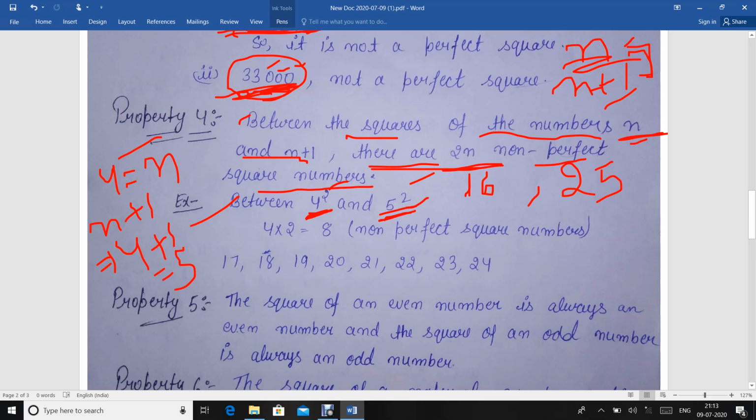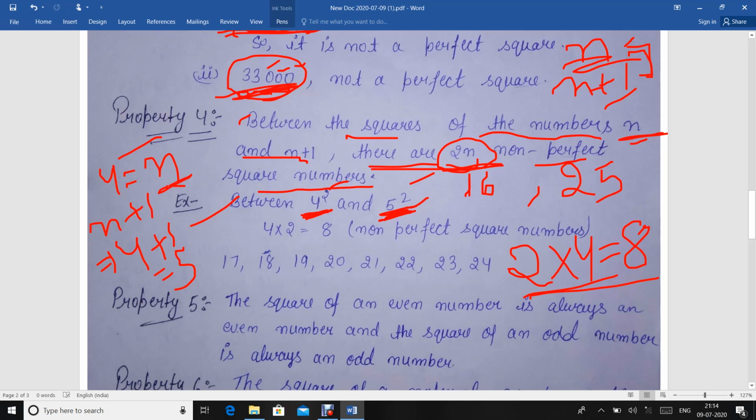The property says there are 2n non-perfect squares, so you multiply n, which is 4, by 2, that is equal to 8. So there are 8 non-perfect square numbers between 4 square and 5 square.